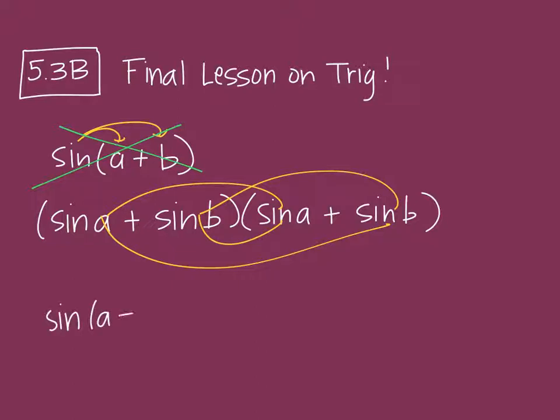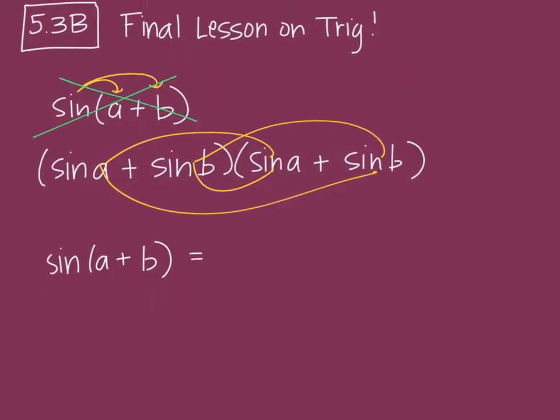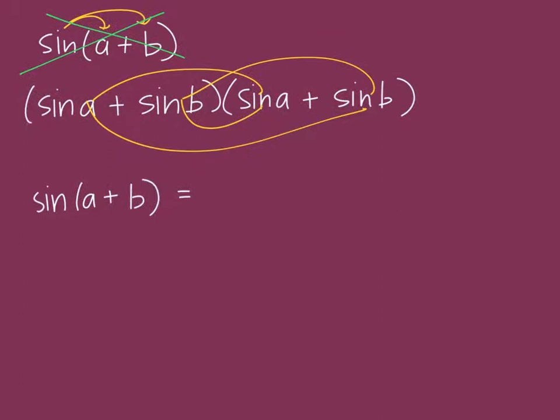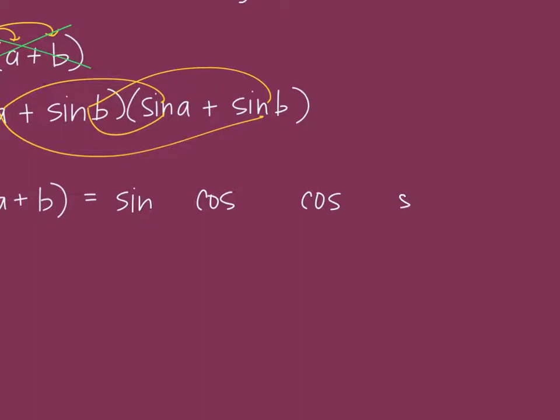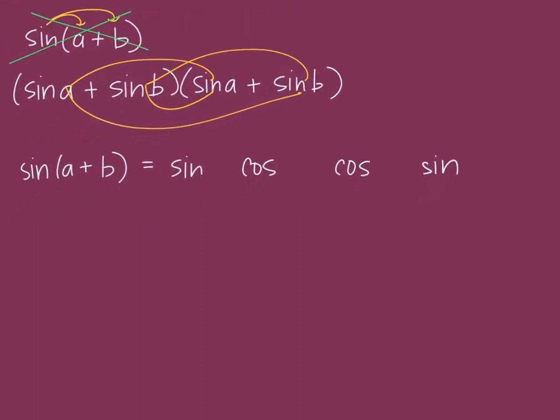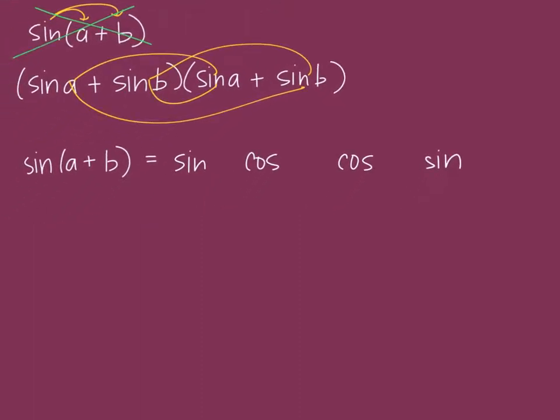So if you have sine of A plus B, the identity or the rule for what you would replace that with is actually four things, kind of similar to FOIL in this order. It's a sine followed by a cosine, and a cosine followed by a sine. So it's sort of like first, outside, inside, last, but not quite.